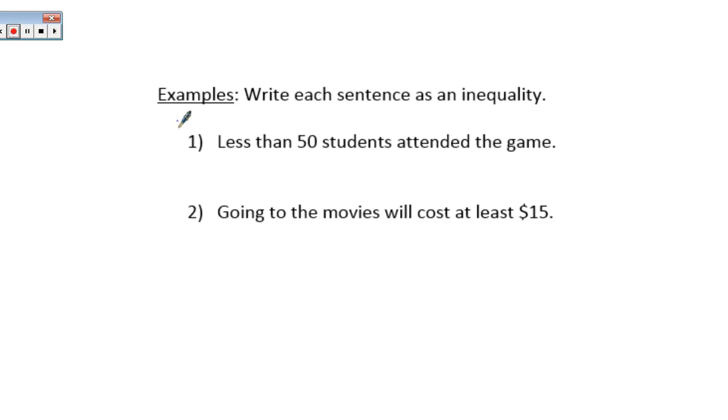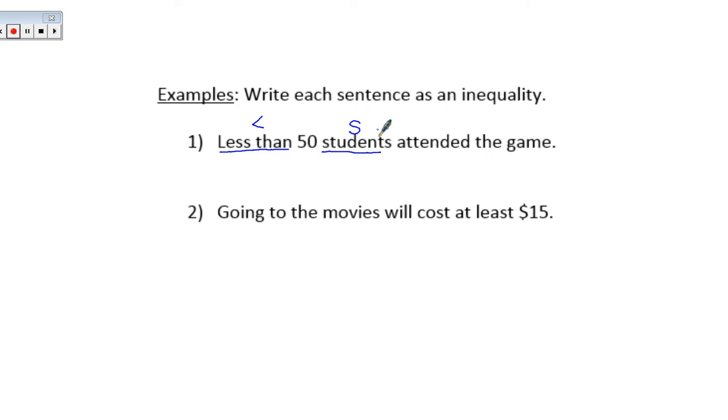Okay, so moving on to some examples of these. It says write each sentence as an inequality. The first one: less than 50 students attended the game. So less than, we're going to be talking about the less than symbol that looks like this. And we're talking about 50 students attending a game. So S is going to stand for students, the number of students that actually attended.